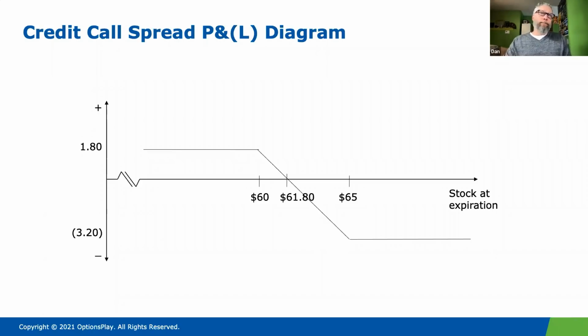The way to calculate the max gain is always just what you collect. The way to calculate the max loss is simply the difference between the two strike prices, which is $5, minus the premium collected. So 5 minus $1.80 is $3.20.